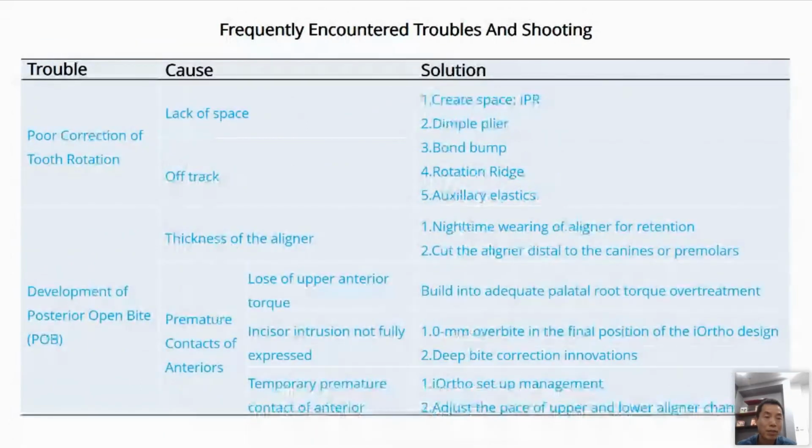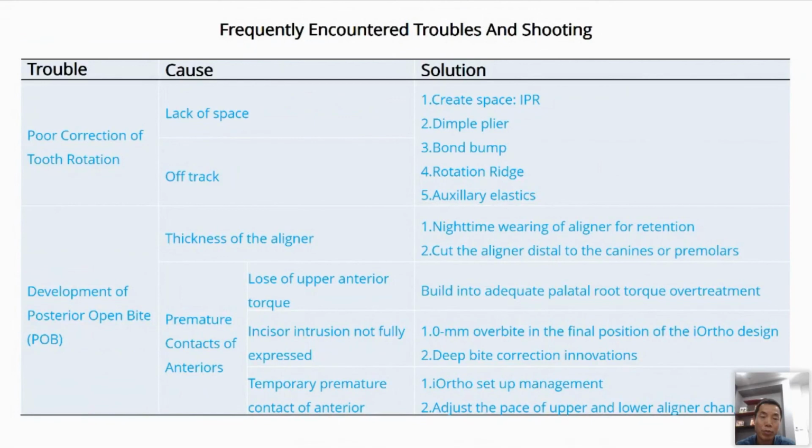The fourth trouble is poor correction of tooth rotation. The cause is also lack of space or the aligner being off track, so the aligner doesn't work when it's off track. We can create space by IPR, or we can use dimple pliers to add a force on the teeth, or we can bond a bump on the teeth, also to activate or engage a force on the teeth.